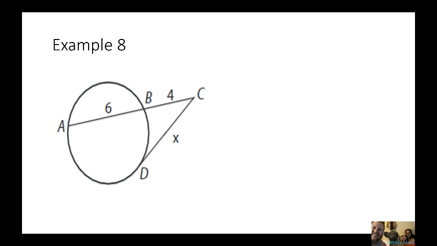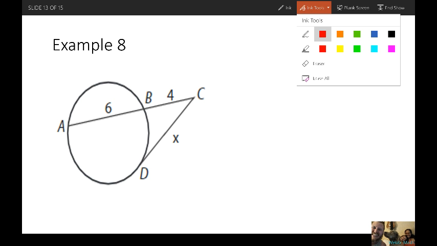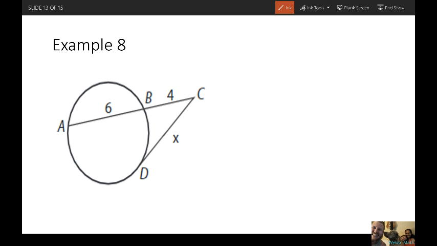So example 8, I'm burning and churning because I'm running out of time. We're going to take the whole secant line, AC, times its exterior secant, which is BC, equaling our tangent, and our tangent is definitely CD.